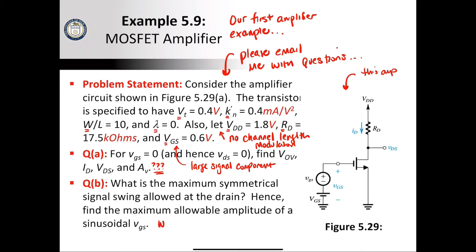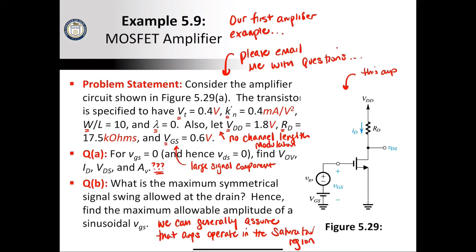I still say that at the end you should go back and check to make sure that VDS is greater than VOV. If that doesn't end up being the case, you're in a weird spot because then it's really not operating like an amplifier. That's not a question that I would give to you, but still check.